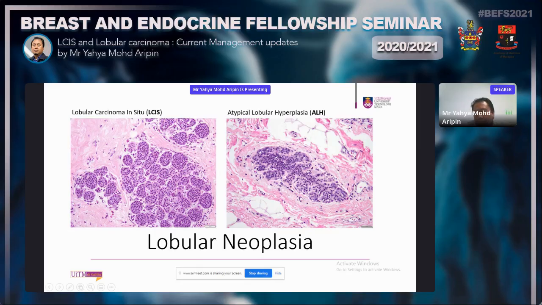But if you look at this, it is a single acini, not all the acini being replaced by the cells. We can see that in some areas the proliferation is not as much as in the other areas. So when this proliferation is less than 50%, we call it ALH.